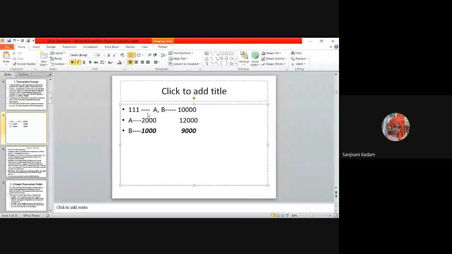So as both are accessing the database, can you imagine which state of the database is correct? Either the first one or the second one? Out of these two, which database state is correct?